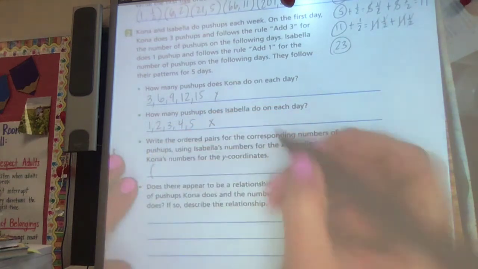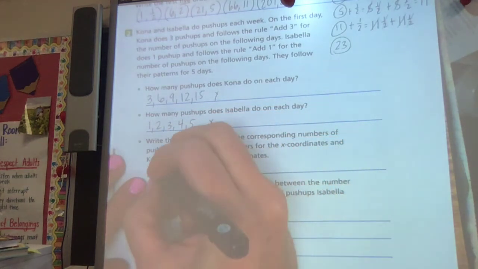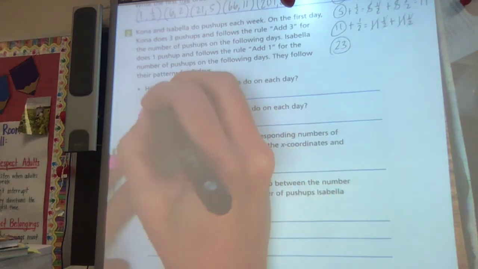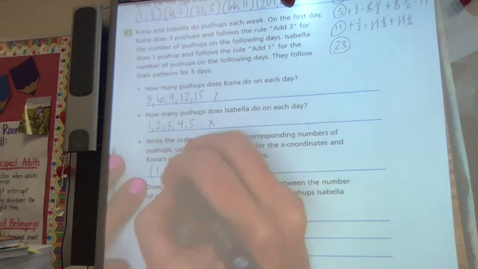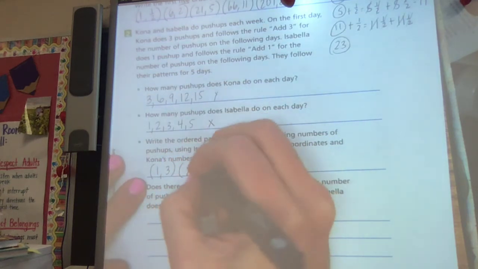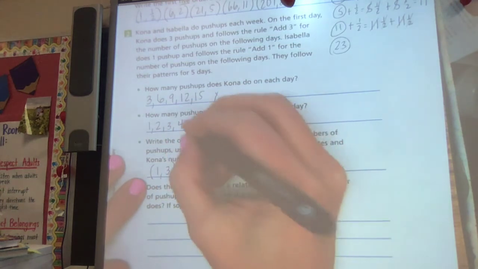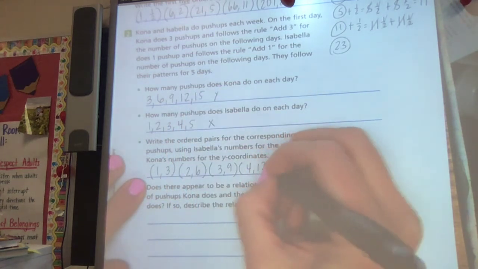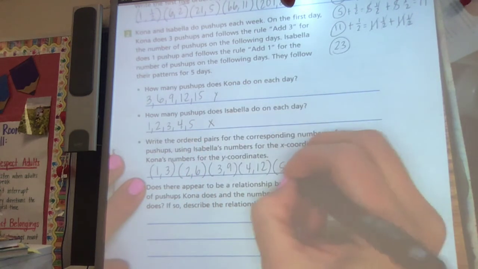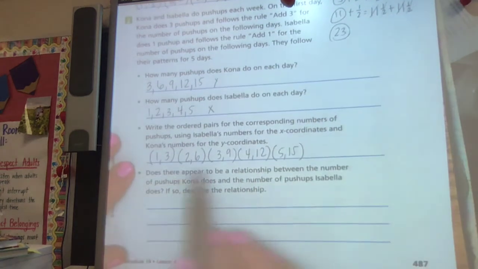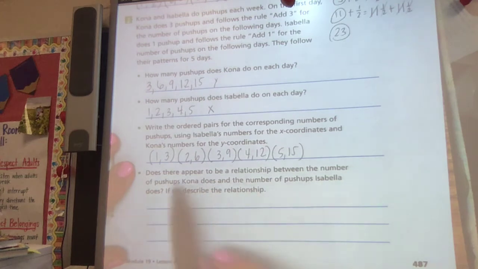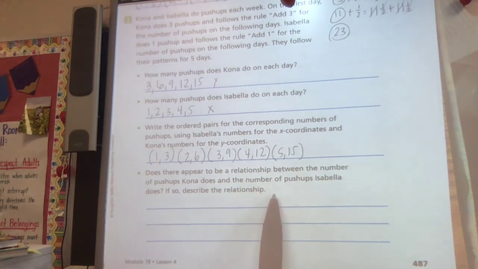Okay, so if Isabella's X, then it's 1 for her, 3 for Kona, 2, 6, 3, 9, 4, 12, and 5, 15. Does there appear to be a relationship between the number of push-ups Kona does and the number of push-ups Isabella does? If so, describe the relationship.